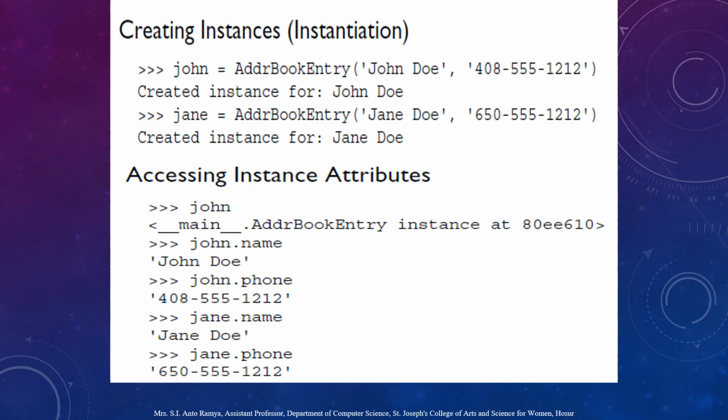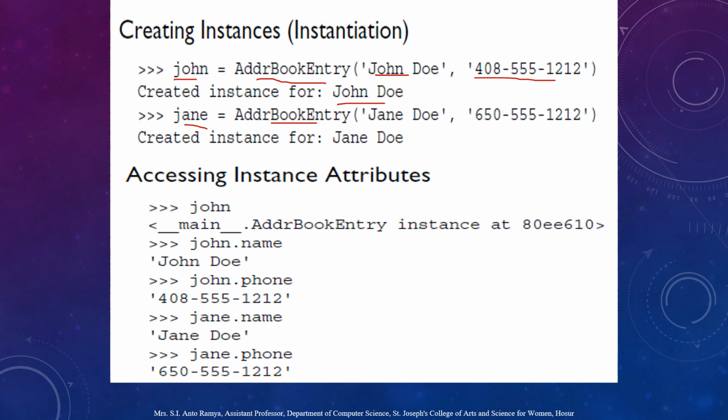Here we are creating instances of the previous class that we have created. John is the variable, and AddressBookEntry is the name of the class. It has two parameters, name and phone. The first one is the name and the second is the phone number. It is going to say created instance for John Doe. Then we create another instance, Jane is equal to AddressBookEntry, and we pass two values, Jane Doe, and the phone number.